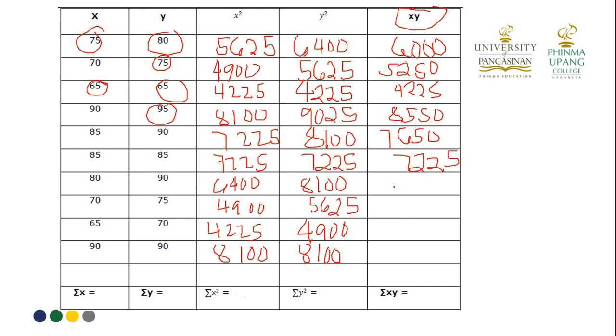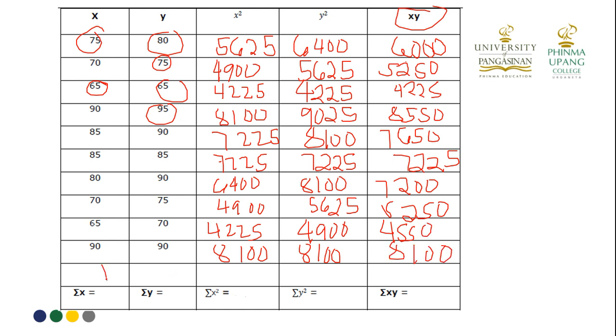Yung 8090, what is 8090? 7,200 po. How about 7075? 5,250 po. Same po. 6570, 4550. Tapos nakita ko na yung last.